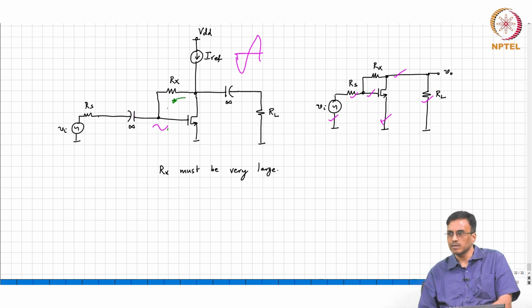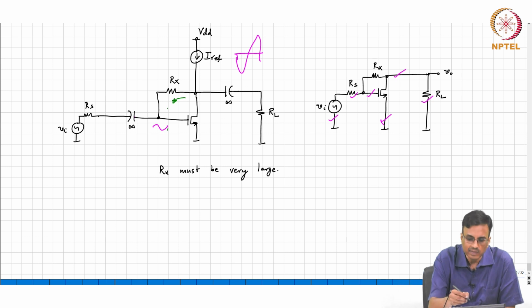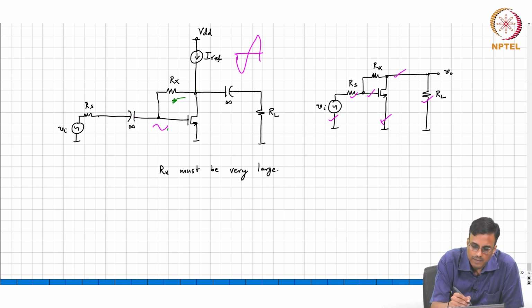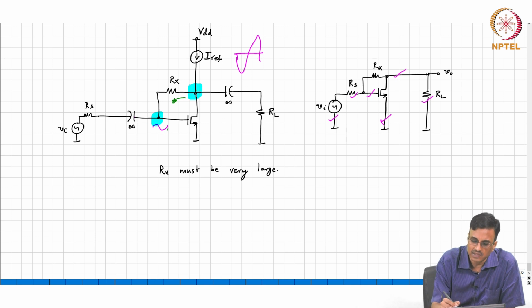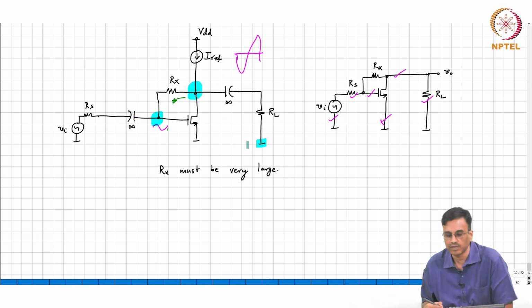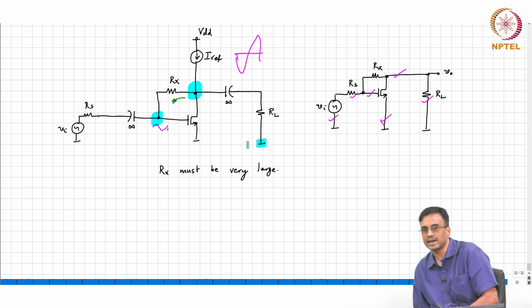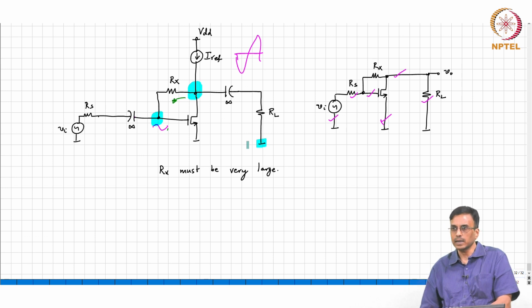If you have a large gain, the gate voltage is very small compared to the drain voltage. So, the voltage across Rx, which is the difference between this node and this node, is almost the same as the voltage across RL, which is the difference between the output, the drain, and the ground, correct.